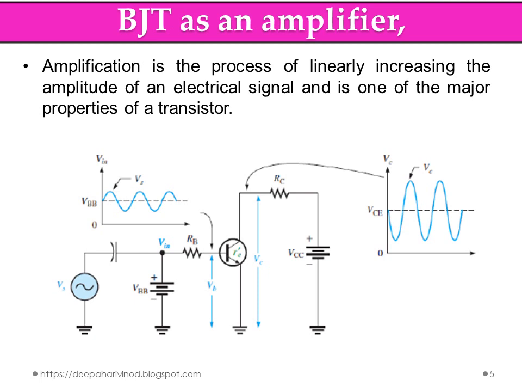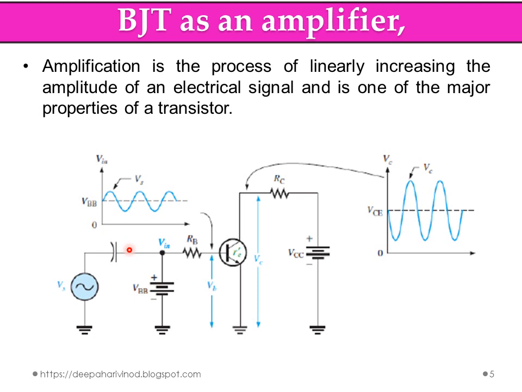In the figure, we can see that it has an AC voltage here and a VBB, which is a DC voltage. This is the coupling capacitor. So the AC voltage is superimposed on the DC bias voltage VBB by a capacitive coupling.